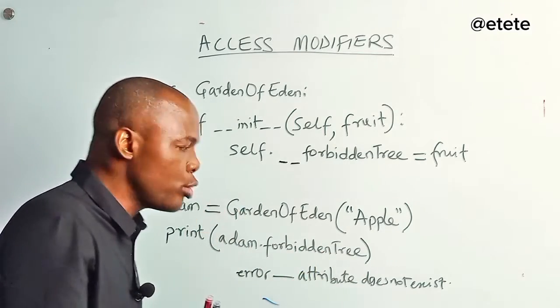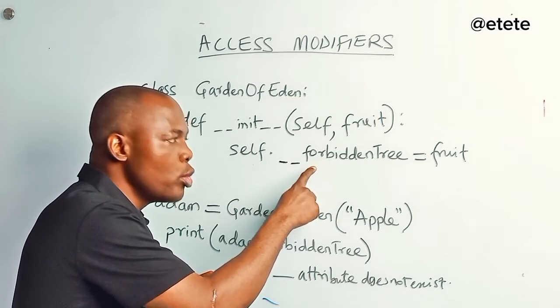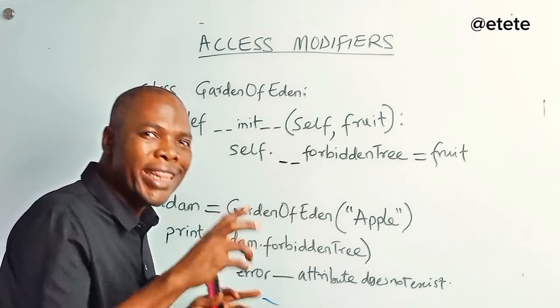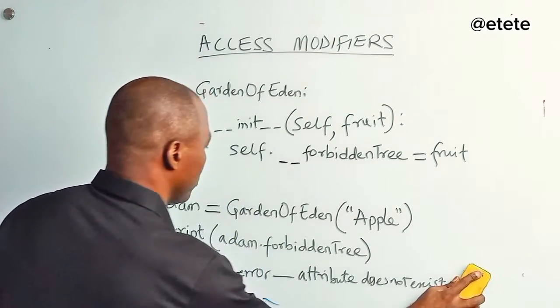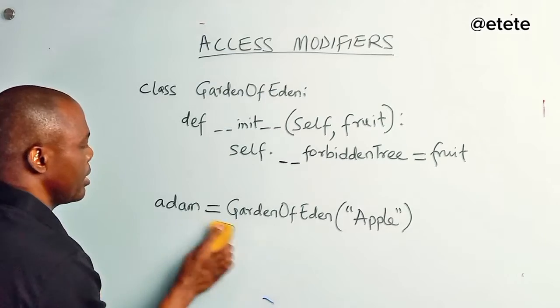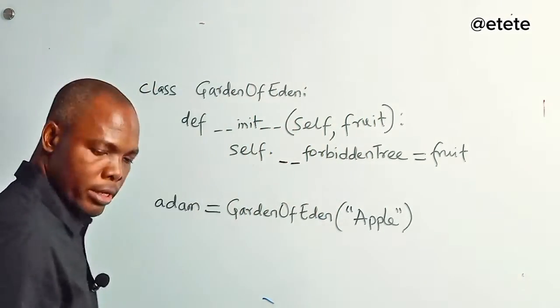So today, I want to show you how you can actually access this attribute, even though it is protected, right? We can use what we call name mangling, and that is what I want to show you today. So I will just come here and I will close this. I'll call this.